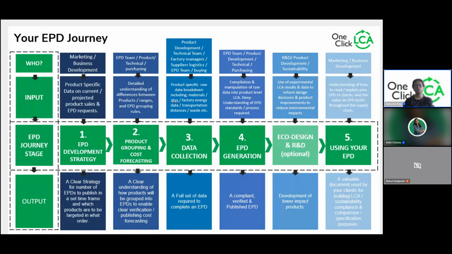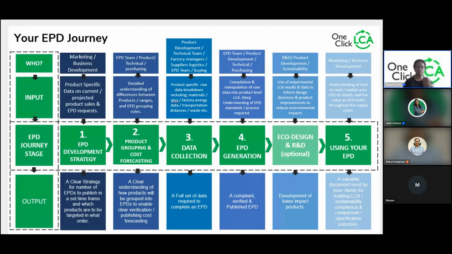Producing an EPD is one of the aspects of the software. You can also use the software for product development. A lot of our clients use our software for product development. They switch raw materials, they switch manufacturing processes so that they can get an environmentally friendly product.